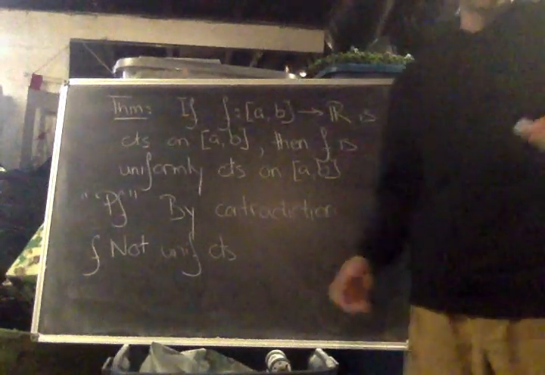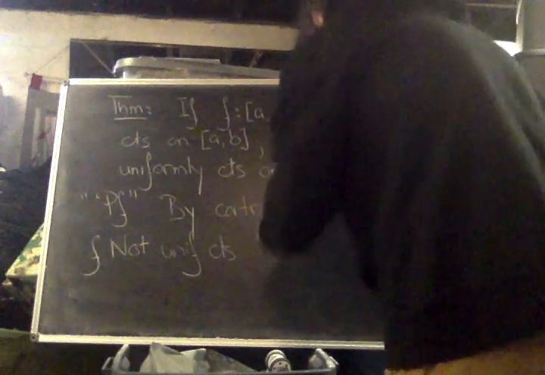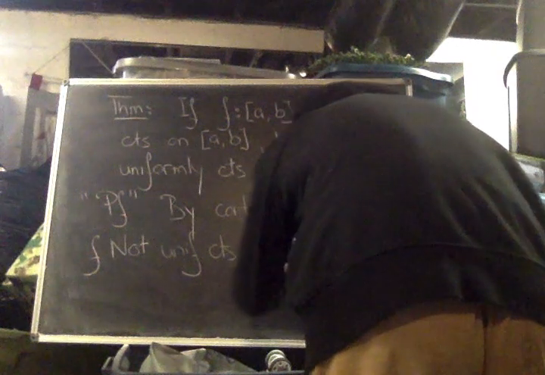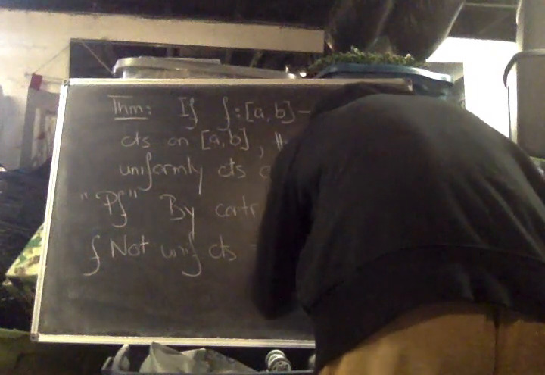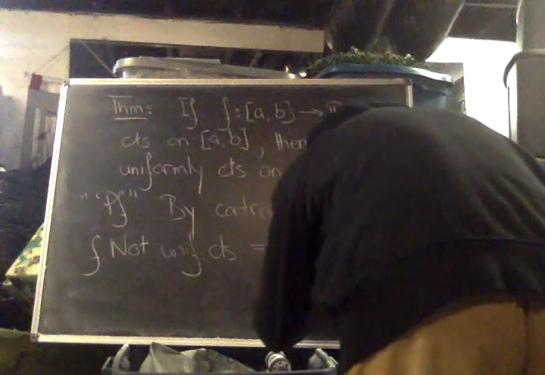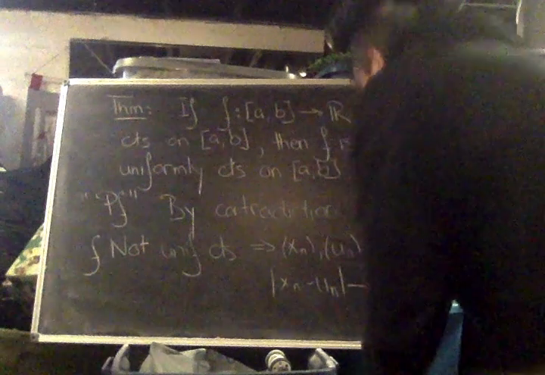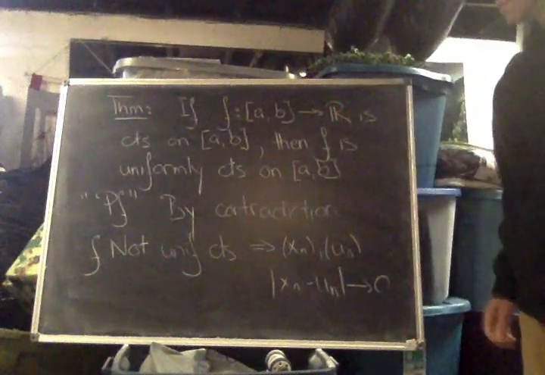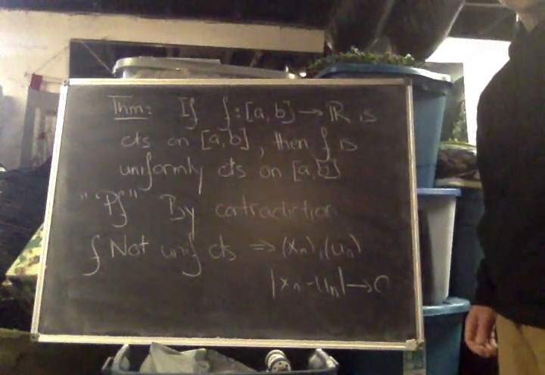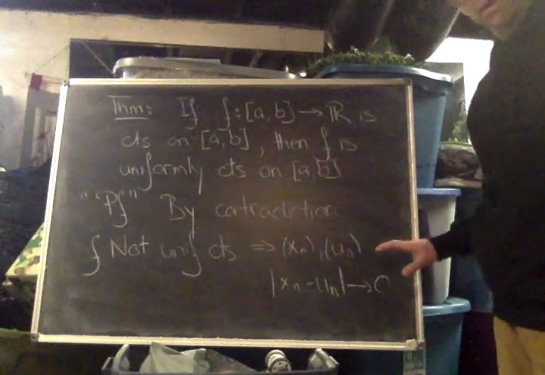Well, what does that mean? Well, we just finished discussing it at length. That means we're going to get these two sequences, x_n and u_n. They're getting closer and closer together, okay? But their function values are going to stay far apart.